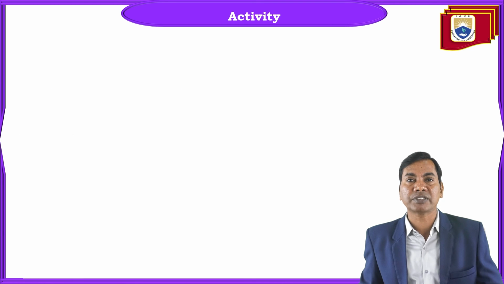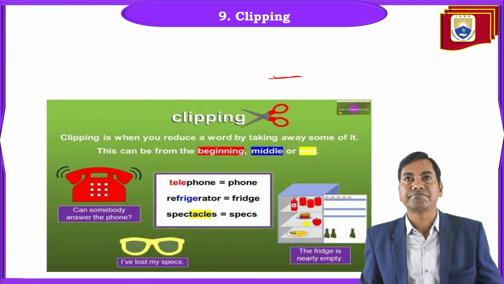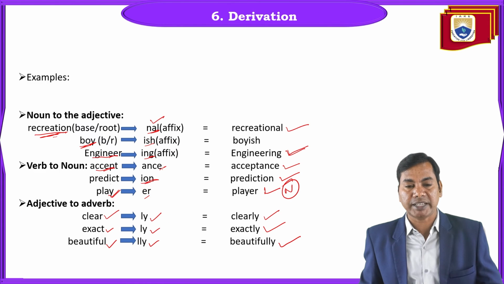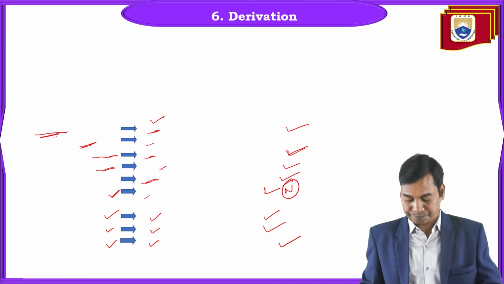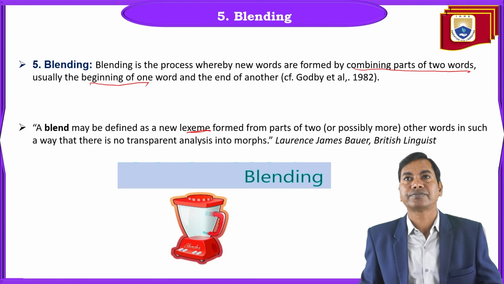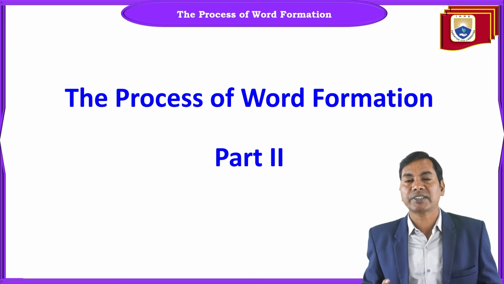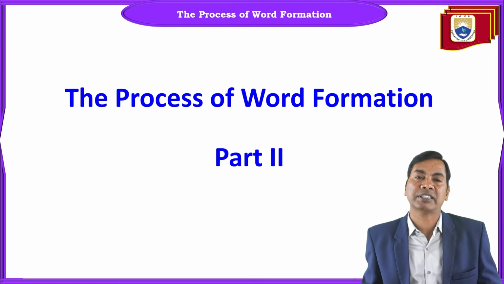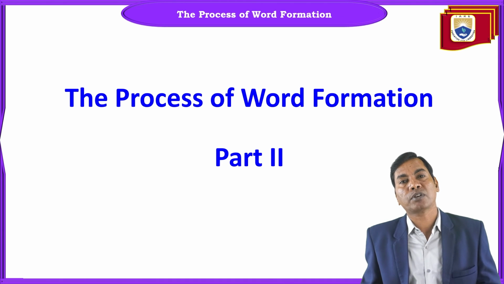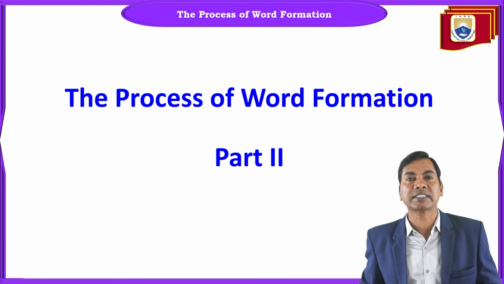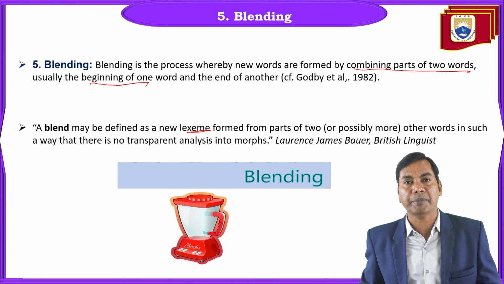So in this lecture, we have seen the process of word formation, and as I told you, this is a continuation of my previous lecture. In the previous lecture, I discussed four types of word formation methods, or four ways of forming words. And in this lecture, I started discussing the fifth type of word formation, that is blending.